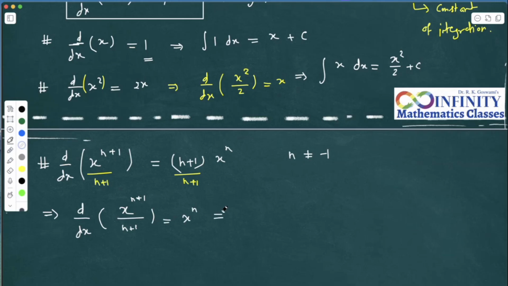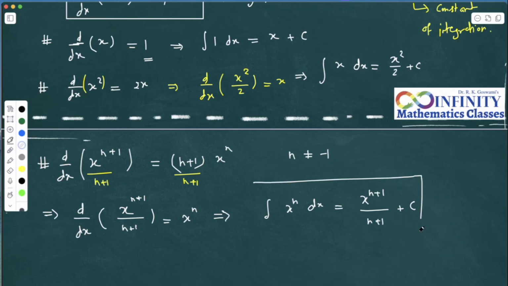And now I use the antiderivative term. What is going to be the integration of x power n? The answer should be x power n plus 1 divided by n plus 1. Is it okay? I'm going to add the constant of integration.